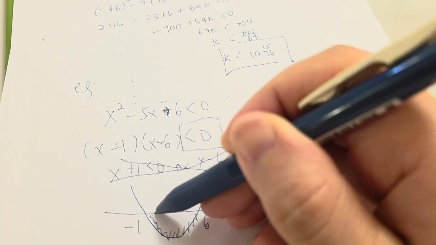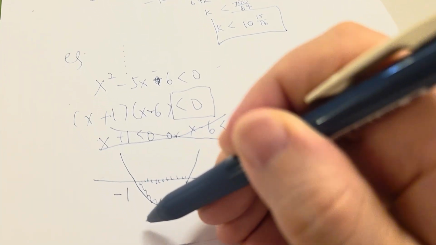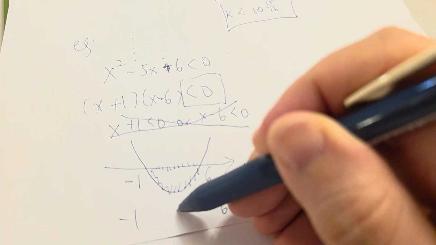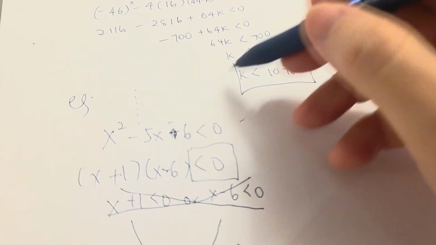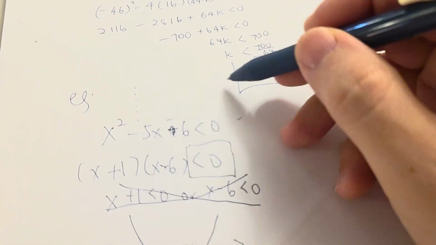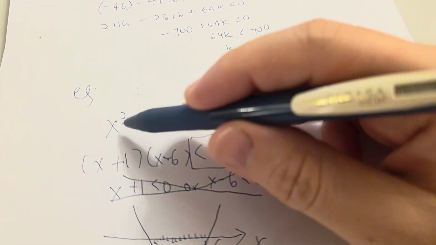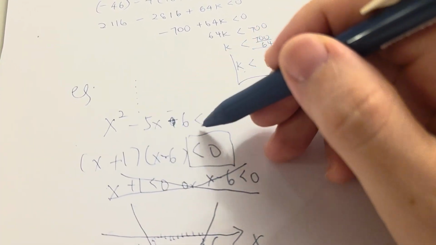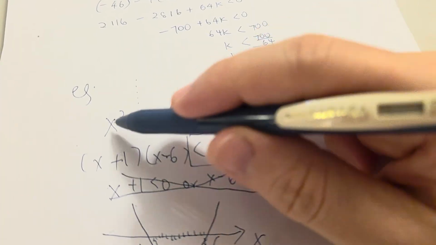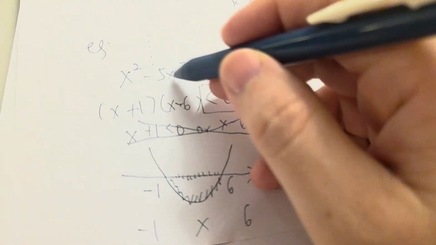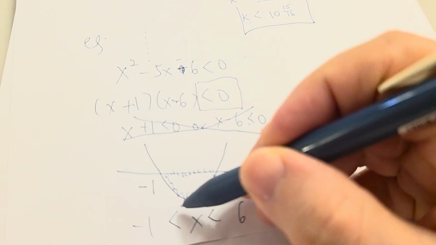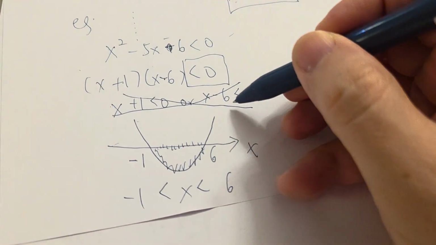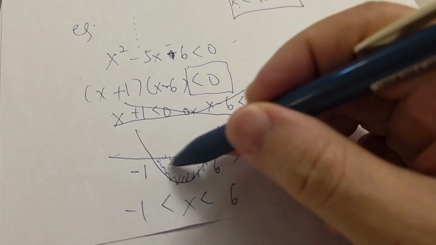So we want all these values between minus 1 and 6. Sorry, I wrote wrongly, it should be k. But you should be able to solve this whether the letter is x or a or b or c or whatever. If there's no equal, don't need to put equal. If there's an equal, then you just put equal. That's it. So it's in between this.